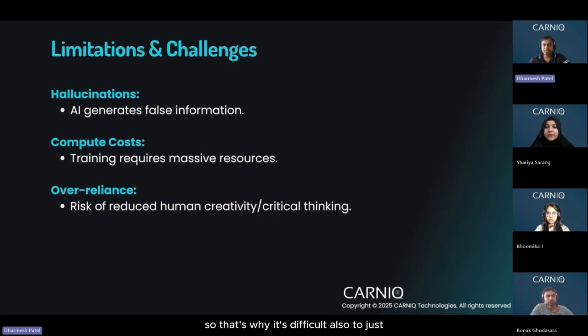That's why it's difficult to just judge that it will erase jobs or replace humans. I will say it will still take time, and we have to wait and watch.